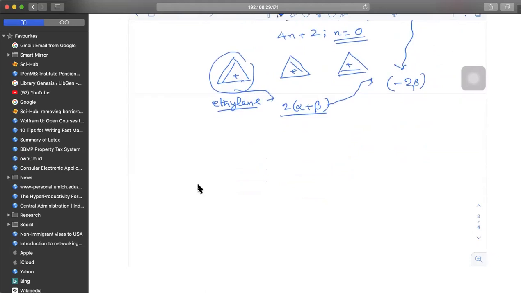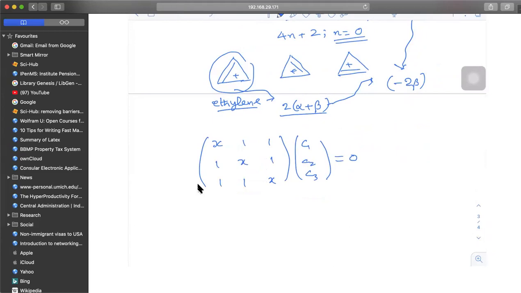Then we have the problem of finding the molecular orbitals. You know that the matrix x, 1, 1, 1, x, 1, 1, 1, x, multiplying C1, C2, C3, must be equal to 0.